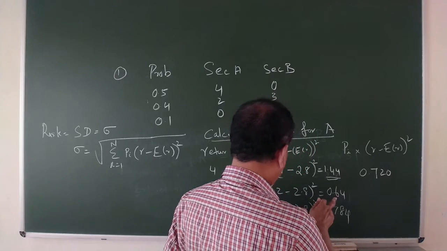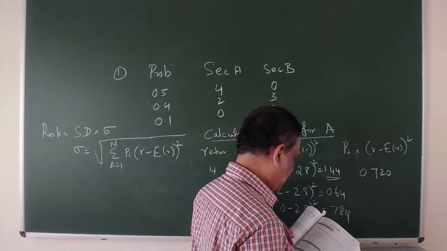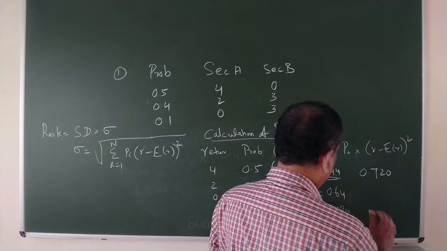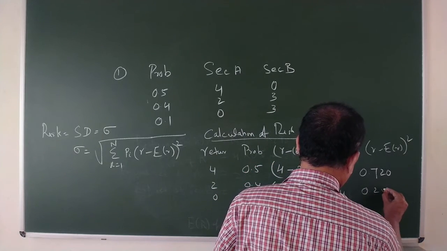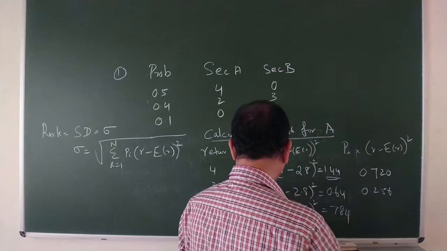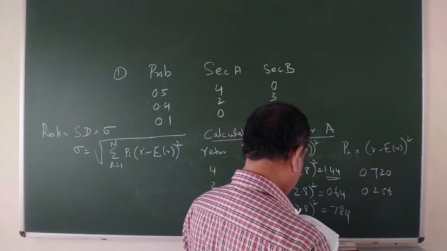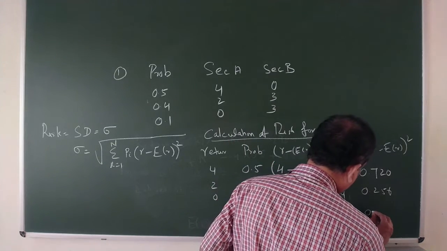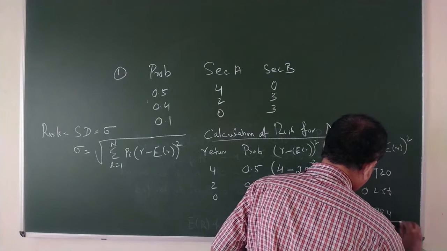Similarly, 0.4 into 0.64 is 0.256, and the third one is 0.1 into 7.84, which is 0.784.